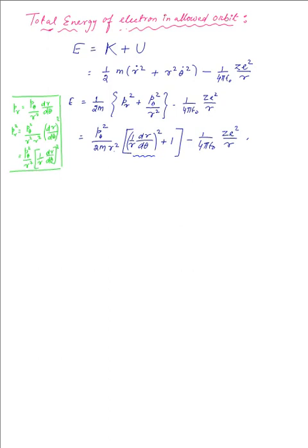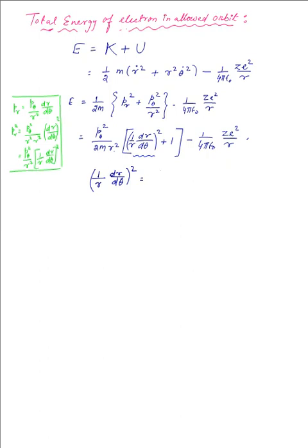What we get is that 1 by r squared, 1 by r dr by d theta squared is equal to the E term that was on the left. We simply cross multiply a few terms.